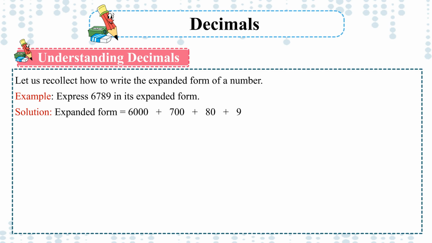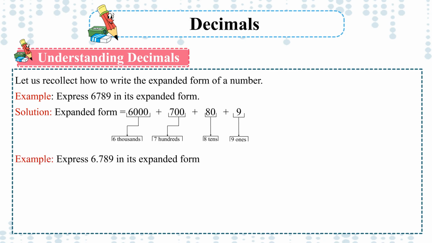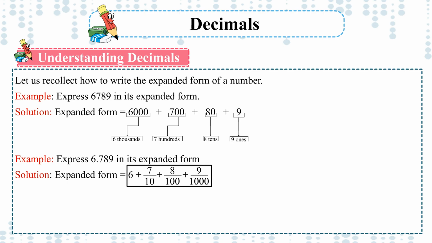Solution: expanded form is equal to 6000 plus 700 plus 80 plus 9, that is, 6 thousands, 7 hundreds, 8 tens, 9 ones. Example: express 6.789 in its expanded form. Solution: expanded form is equal to 6 plus 7 upon 10 plus 8 upon 100 plus 9 upon 1000. 6 ones, 7 tenths, 8 hundredths, 9 thousandths.